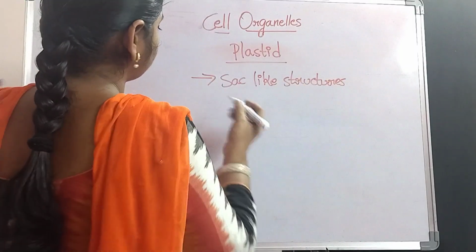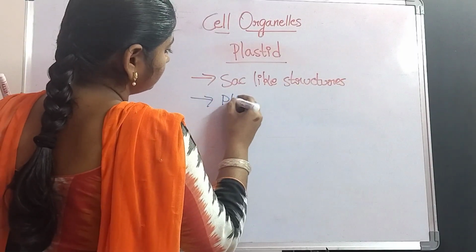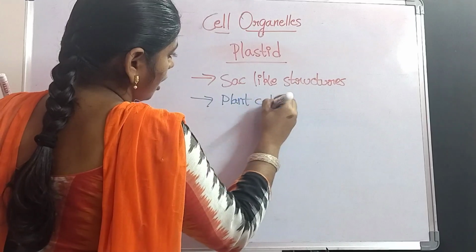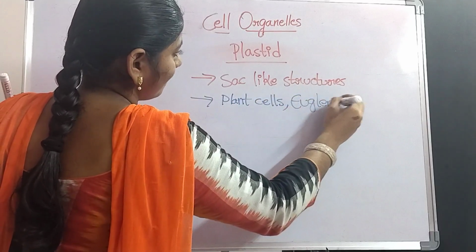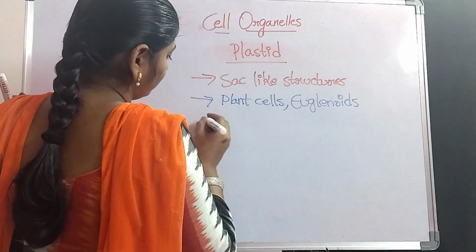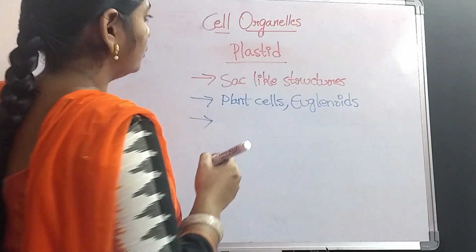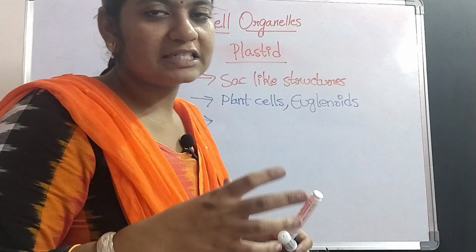The plastids are observed in the plant cell and also in the euglenoids.